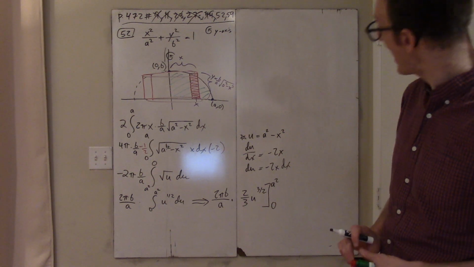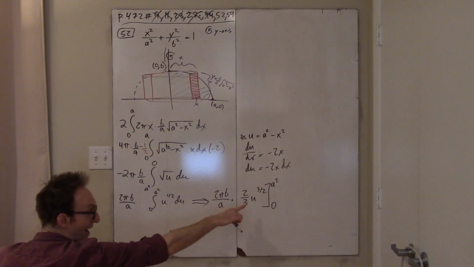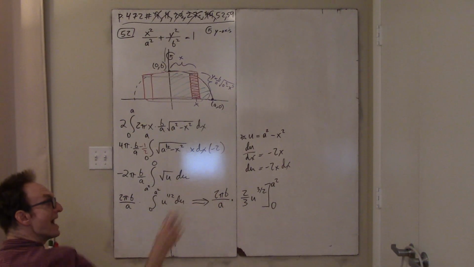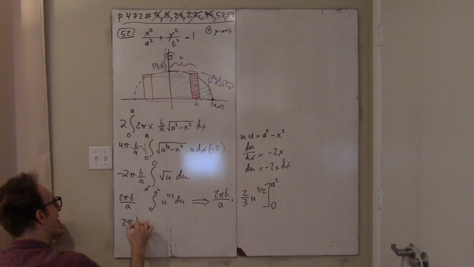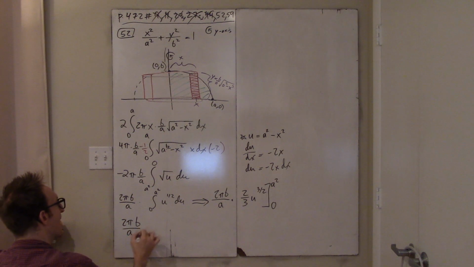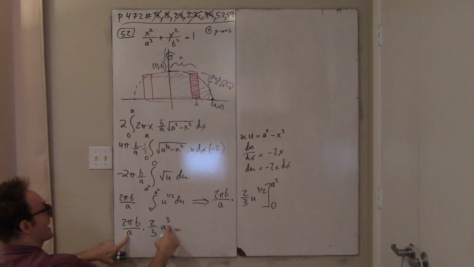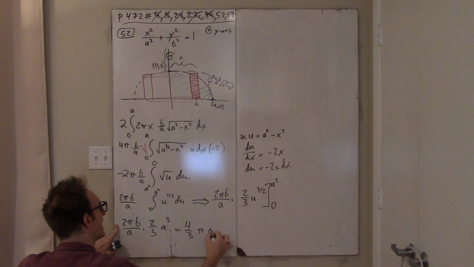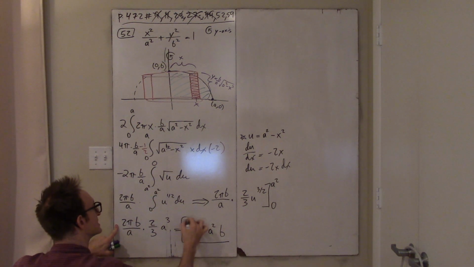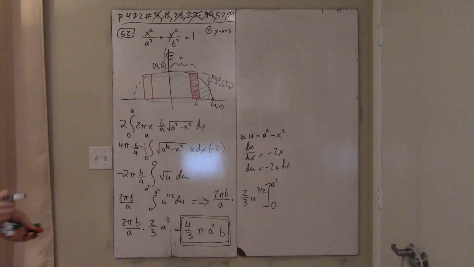Okay, so now, when I stick in the a squared, well, what is a squared to the 3/2? A squared to the 3/2 is just a cubed. So this is 2 pi b over a times 2/3 a cubed. And, well, what is that? One of these a's cancels, and indeed we get 4/3 pi a squared b, which is exactly, I erased it, but that's exactly the formula that we predicted that we would get.